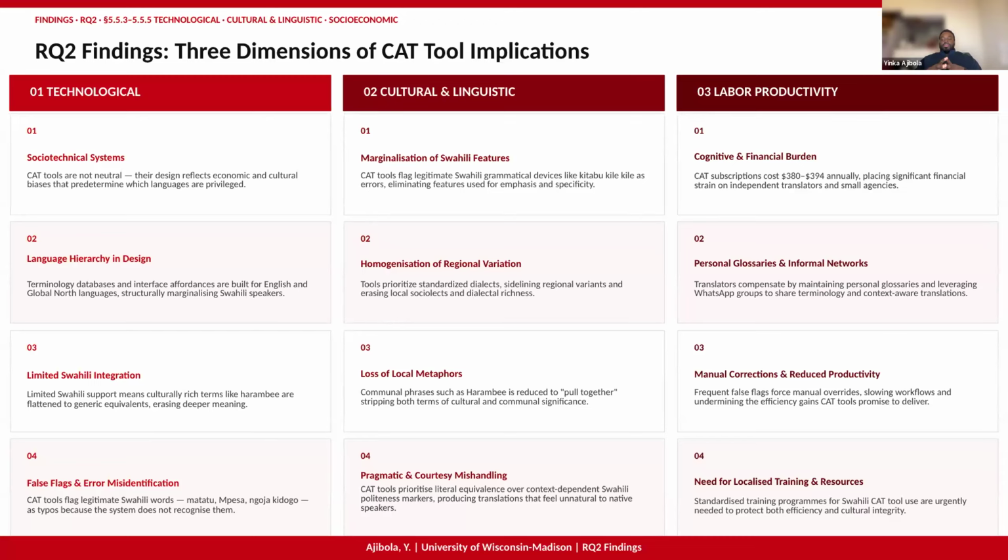And often you see these translators spend a lot of time correcting system-generated errors by the CAT tools, which slows down their workflow. At the same time, they take on additional invisible work.